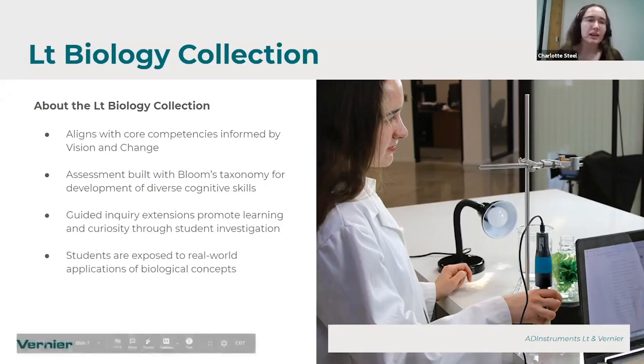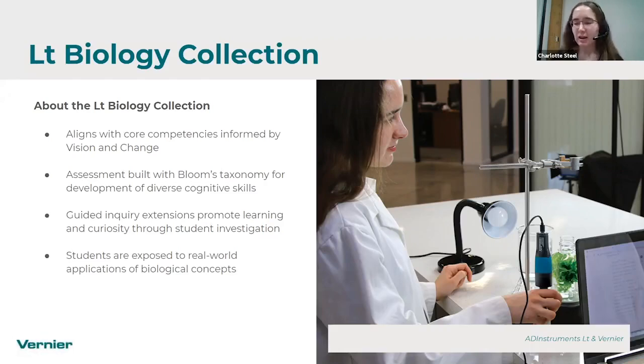When we began working on the collection, we pretty rapidly identified a report by the American Association for the Advancement of Science. In 2011, they released a report called Vision and Change: A Call to Action. This essentially assessed the state of biology undergraduate education and found that the curriculum could be very heavily fact-based and was lacking in opportunities for students to be exposed to real-world science.